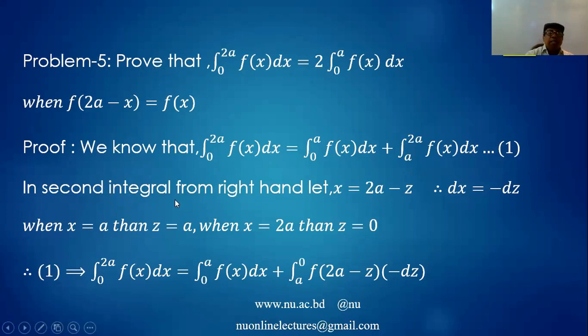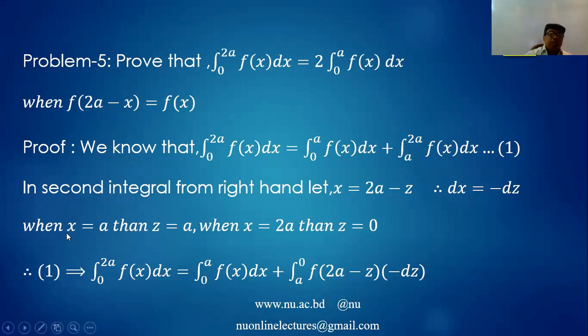In the second integral on the right hand side, we consider x equal to twice a minus z. After differentiating with respect to x, dx equals minus dz.